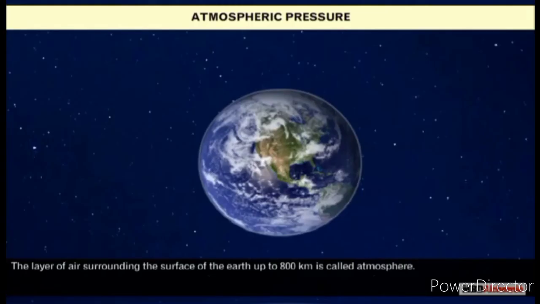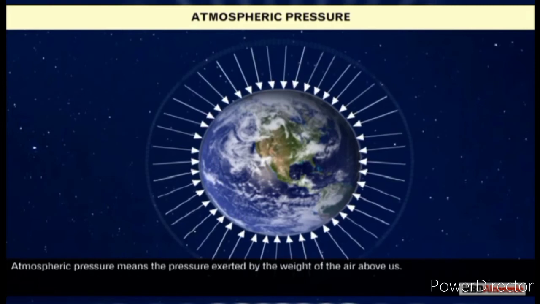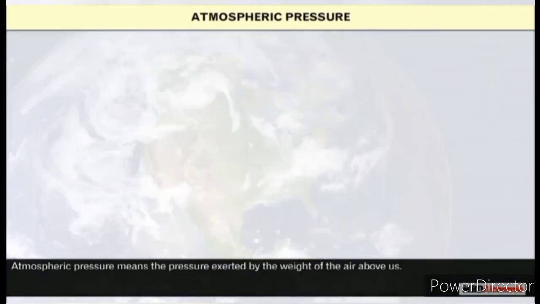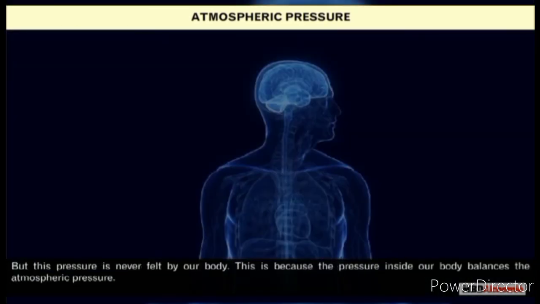The layer of air surrounding the surface of the earth up to 800 km is called atmosphere. Atmospheric pressure means the pressure exerted by the weight of the air above us. But this pressure is never felt by our body.